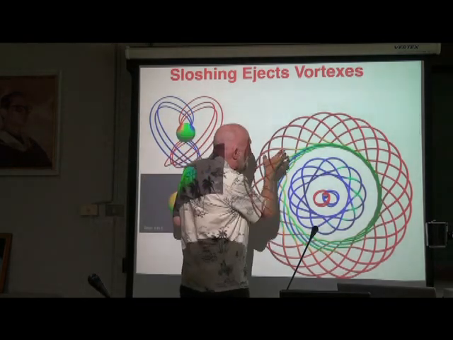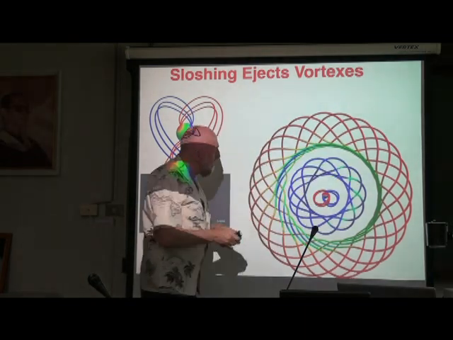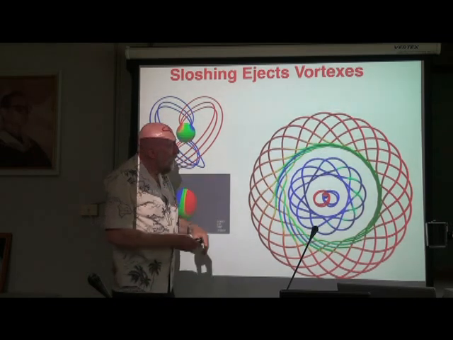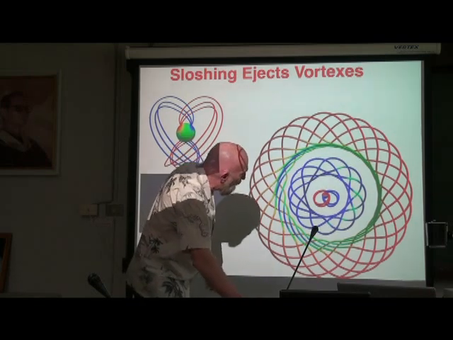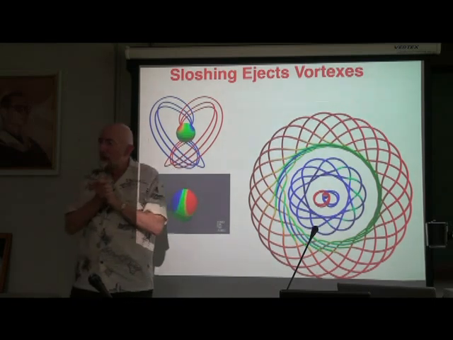So this is a sequence of tori, donuts, rather like smoke rings, that consist of the vortex lines that were ejected from this vibrating black hole.